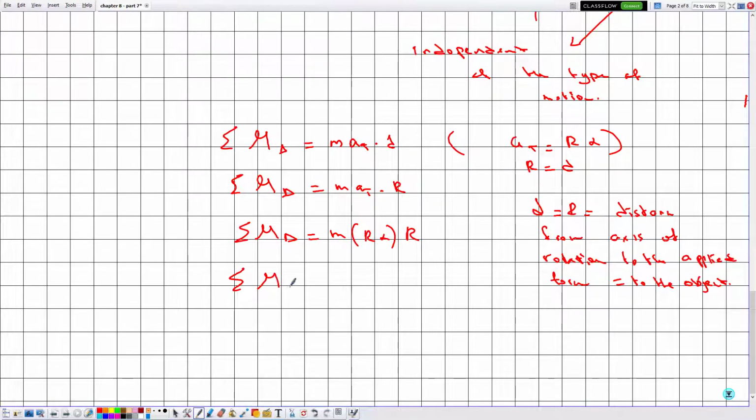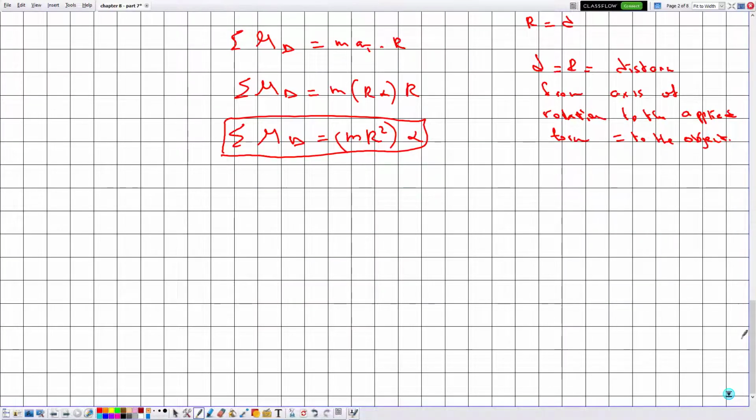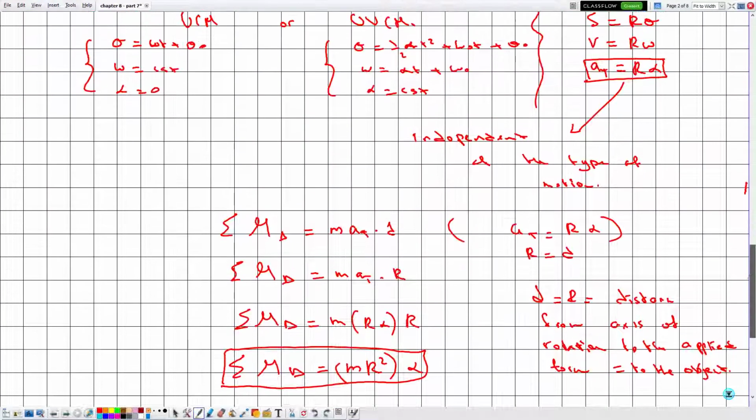So it is given by the sum of moments is equal to m r square multiplied by alpha. And this equation is given by the Newton's second law in the case of rotation, but it's not the complete one.